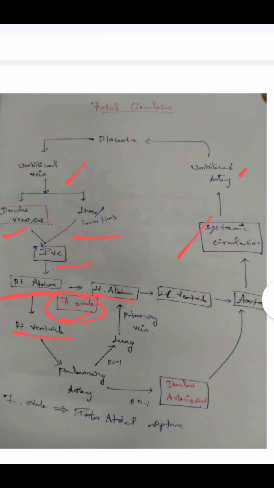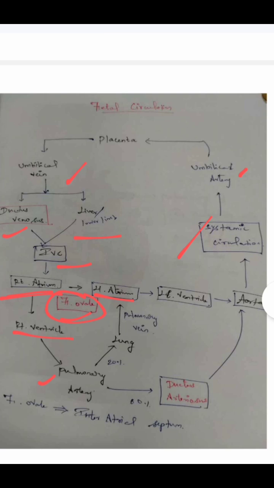From the right ventricle, as we already saw in the adult circulation, the right ventricle sends the blood into the pulmonary artery to get oxygen from the lungs. But in the fetus, there is an absence of action of the lungs. The lungs are activated only after delivery.